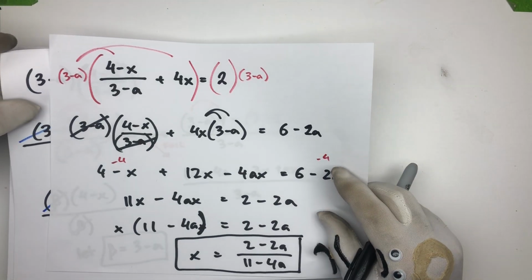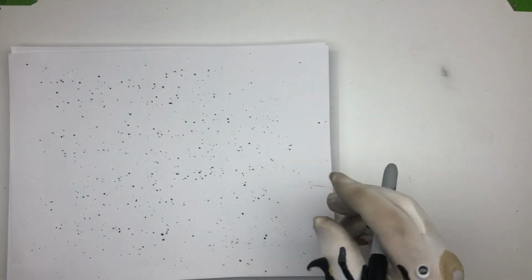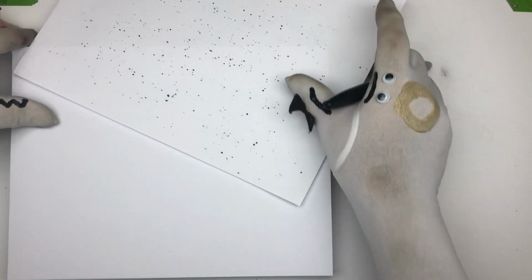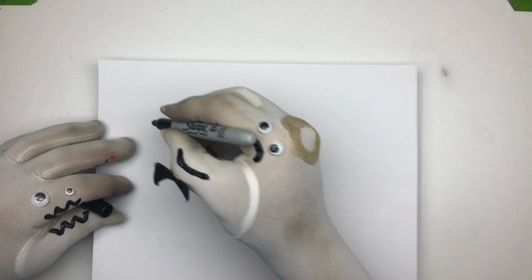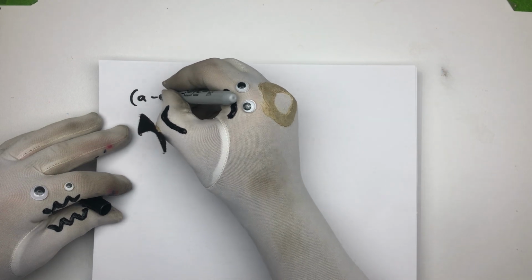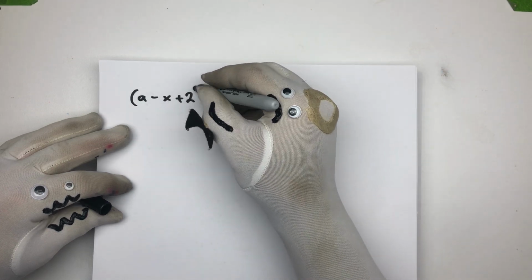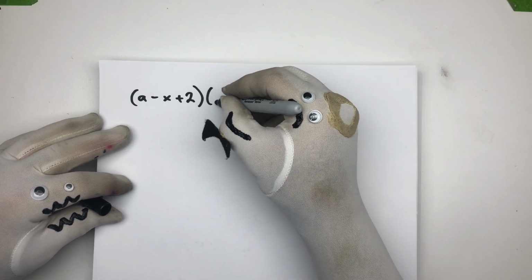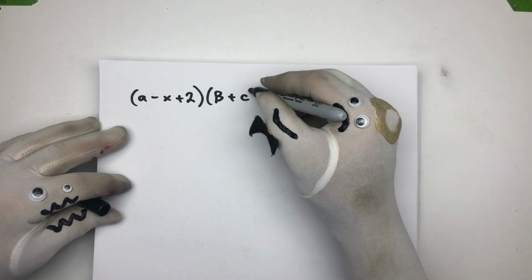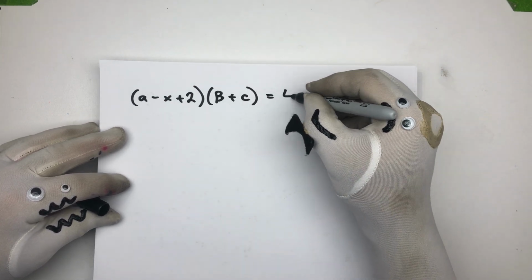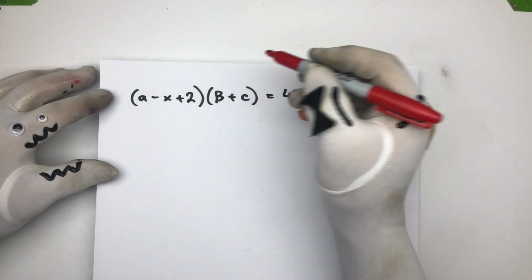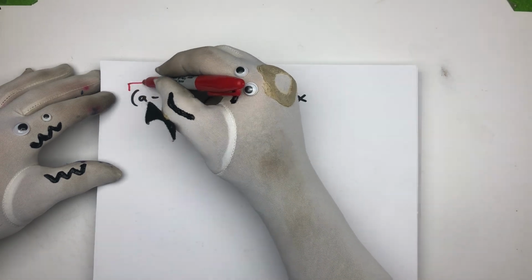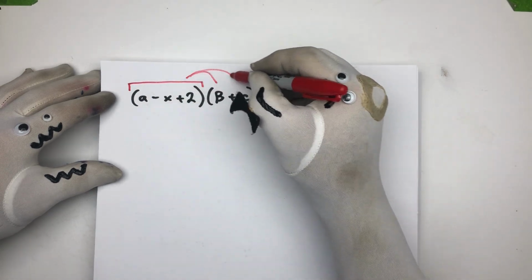Now let's do something a little more expansive here. Let's try this guy, and instead of using your FOIL rules, maybe you can use what we just learned. So I'll make it (a minus x plus 2) times (beta plus c) equals 4x. When we expand this, all we're really doing is taking this thing and expanding it in here.